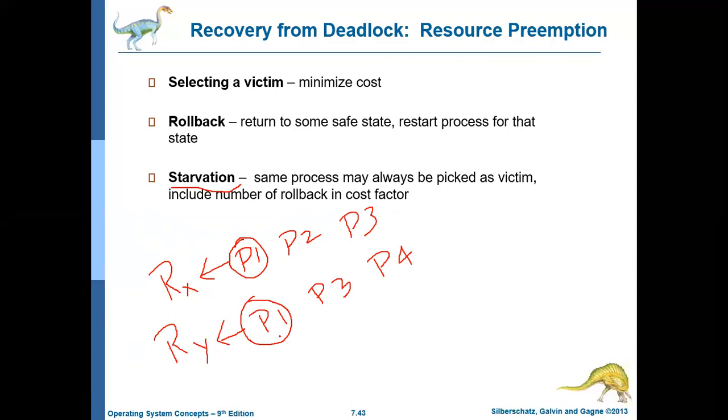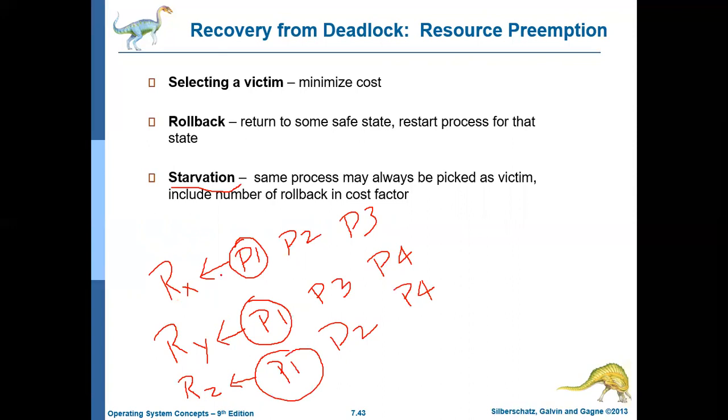If this repeats, say after some more time again there is a deadlock between P1, P2 and P4. Now also to recover from the deadlock, the operating system says that P1 should give up resource Z. So in this case, every time the same process is getting picked to release a resource.